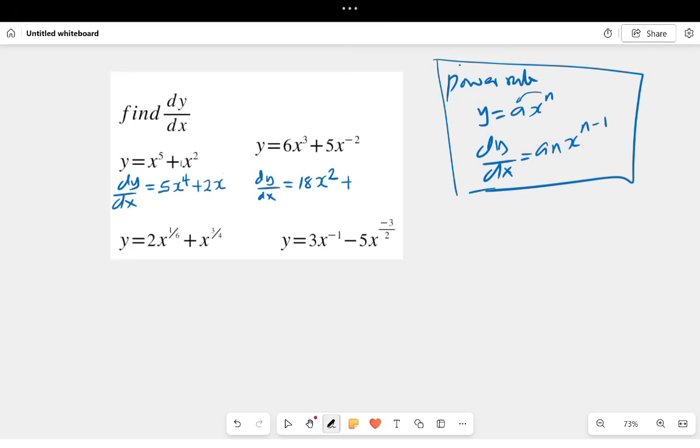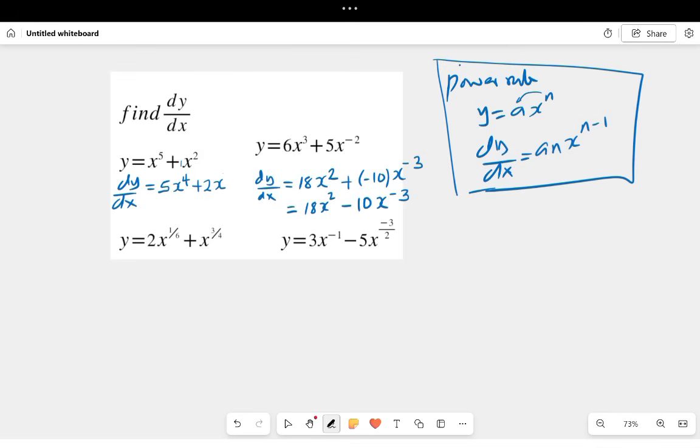So plus negative 10, x to the power 2 minus 1. So x to the power 2 minus 1 is actually going to be equal to x to the power 3. So finally, in our simplified form, our answer is going to be 18x squared, plus, and the negative 10 is going to be minus 10x to the power negative 3.